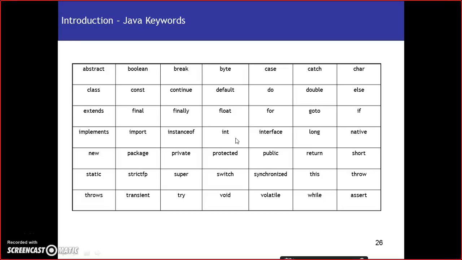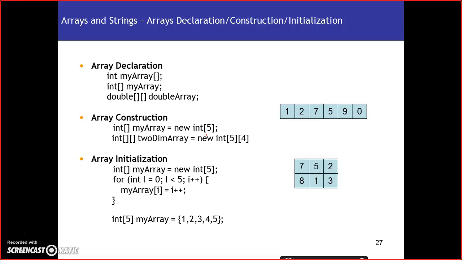We cannot use these keywords as variable names, array names, or reference variable names. If you try to use them, it will show a compilation error, and you'll be given a chance to correct it.